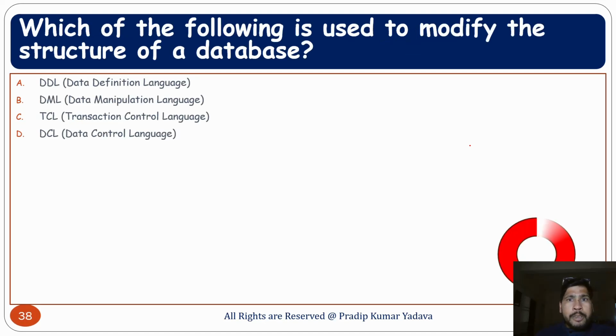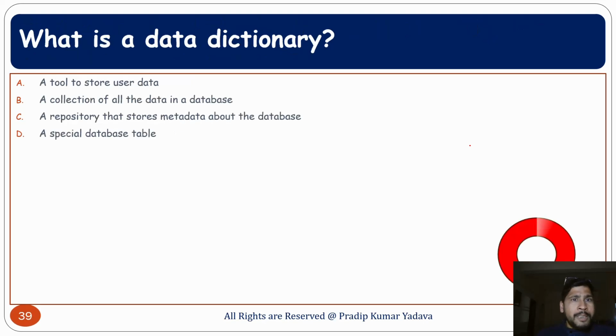Which of the following is used to modify the structure of a database? So basically, data definition language is used to change the structure of database. What is a data dictionary? So basically, data dictionary is a repository that stores metadata about the database.